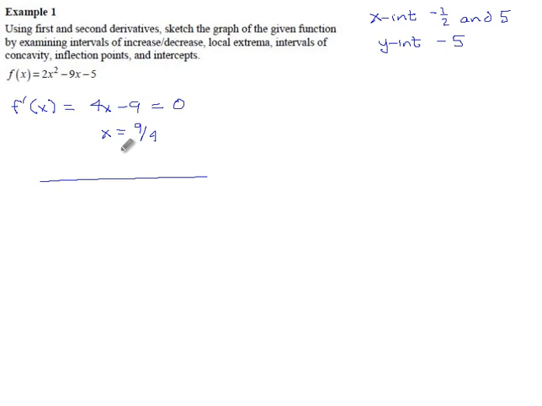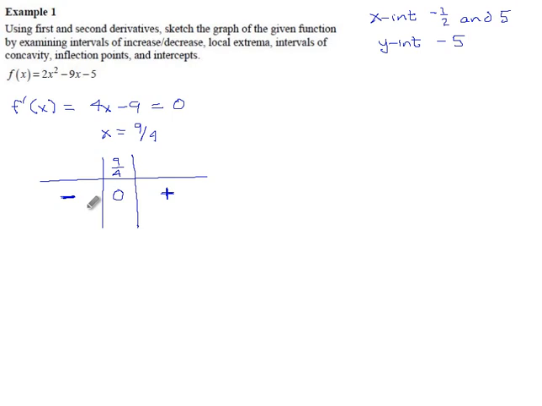If we do a number line, which is a little bit overkill for a question this simple, but oh well. If x is smaller than 9/4, let's say it's 0, we get 0 minus 9, which is negative. If x is exactly 9/4, we get 0. If x is bigger than 9/4, let's say it's 1 trillion, we get 4 trillion minus 9, which is positive.